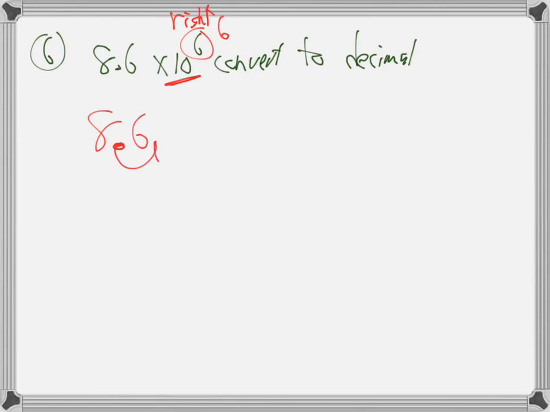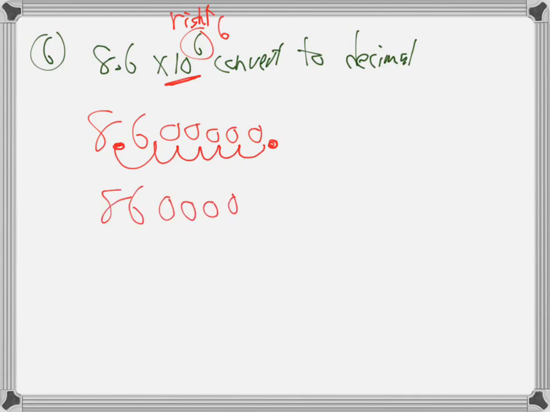So that's 1 jump, 2, 3, 4, 5, 6. The first jump we get over the 6, and the other 5 jumps bring in zeros. So we have 86 with 5 zeros, which is 8,600,000. Yeah, so there it is, we're done.